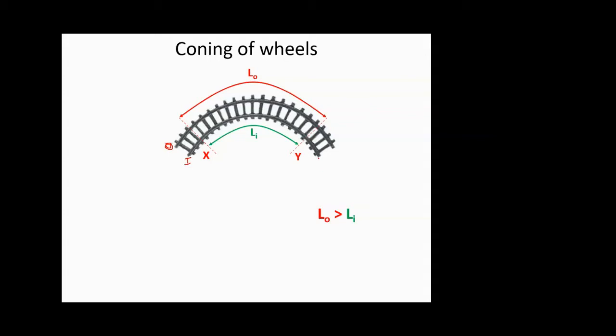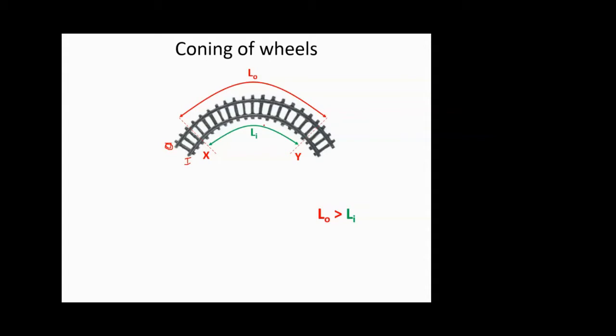Now, just think over it: you have this curved section, and the length of the outer rail is more than the length of the inner rail. By some amount, it might vary depending on the gauge and the site conditions, but it's more on the curved section.